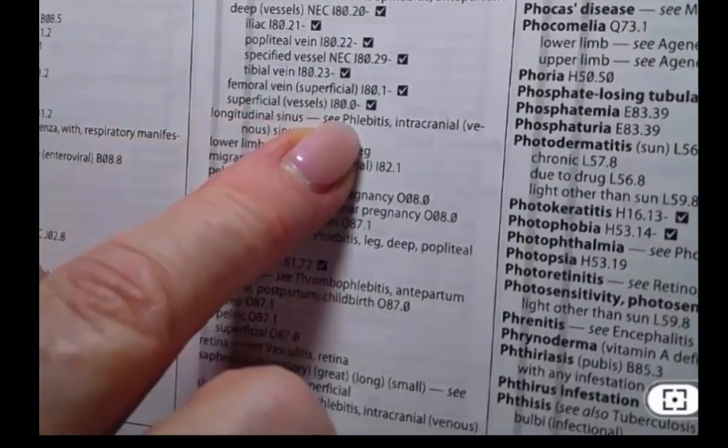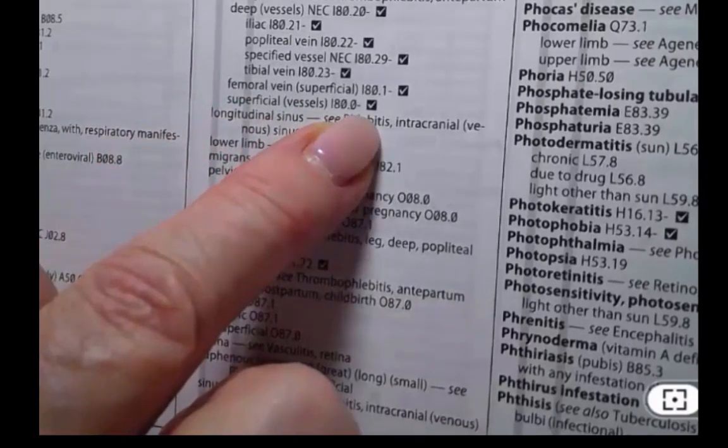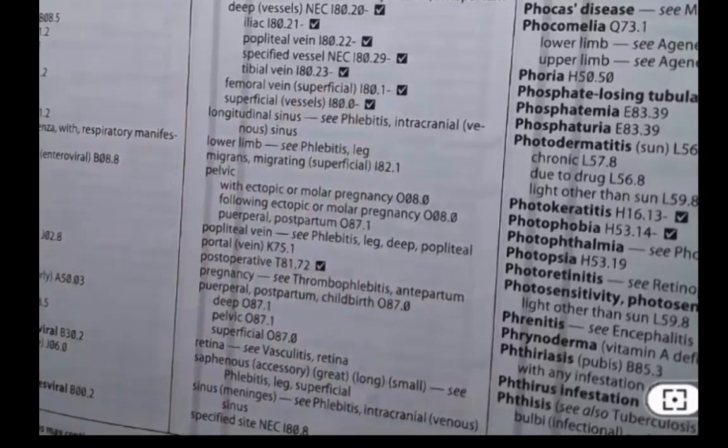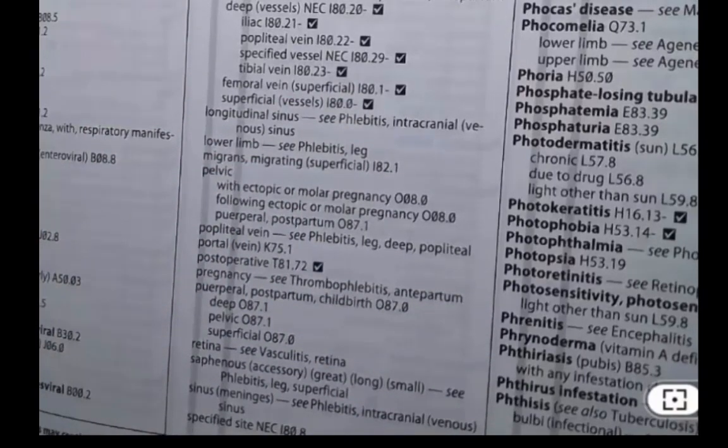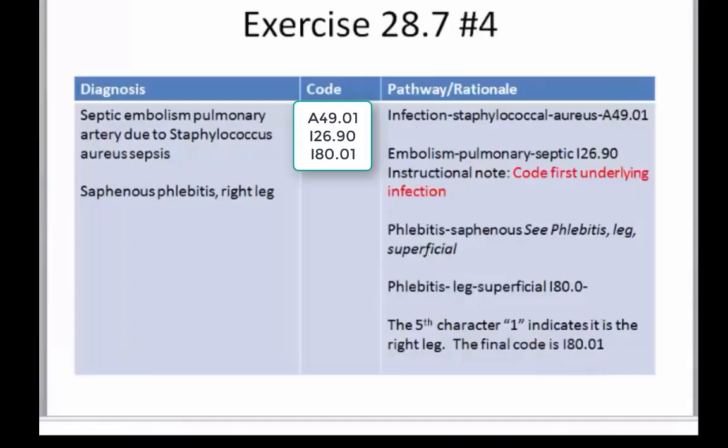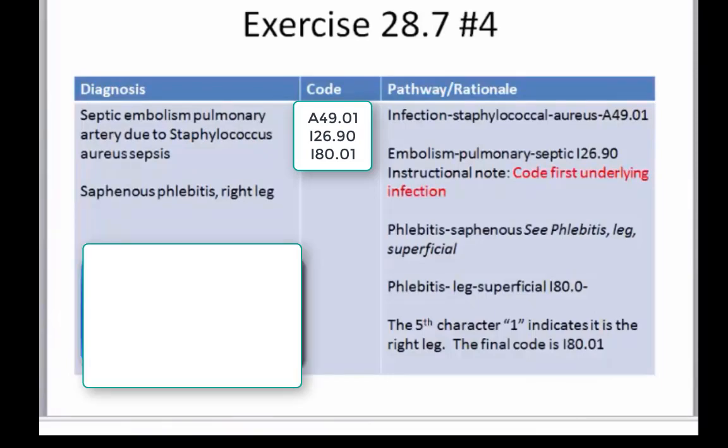Phlebitis leg superficial, I80.0 dash. And the dash is going to be the extra characters that are needed to indicate which side of the body we're talking about. And our notes indicate it is the fifth character 1 to indicate it's the right leg, I80.01. So this is the path for this particular exercise.